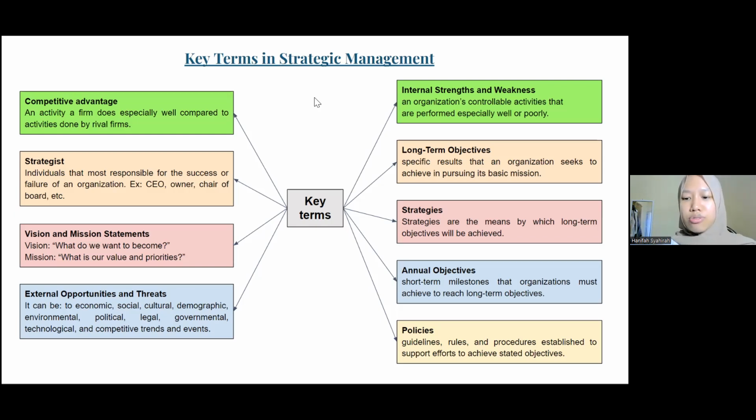And also in strategic management, we have the policy. The policy means the rules, regulations, or procedures established by the company, and they need to be followed by the people in the company to achieve their stated objectives or outcomes.